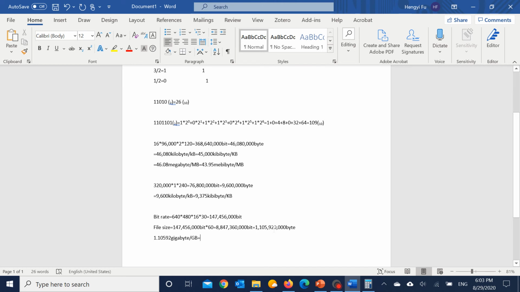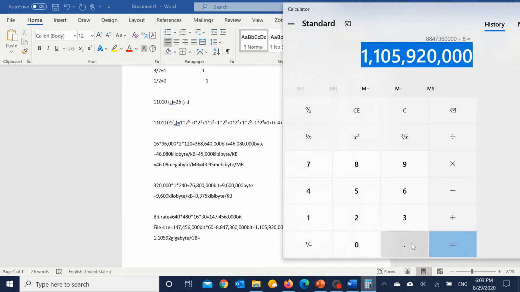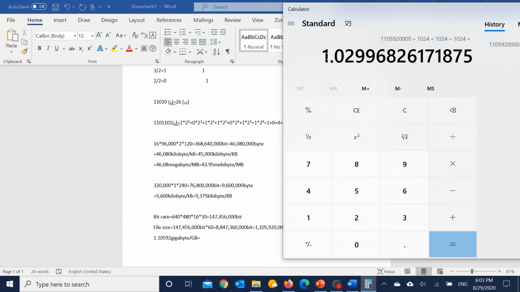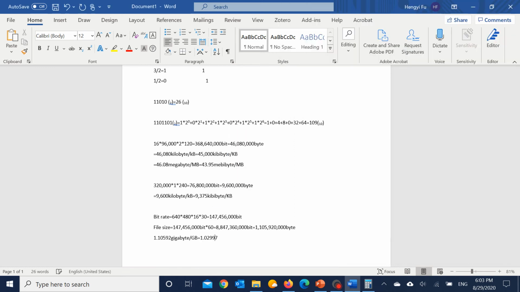Or you should divide this number by 1024 three times, which actually means the 30th power of 2.